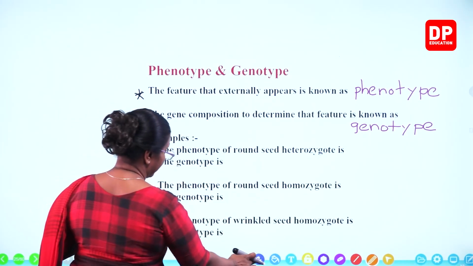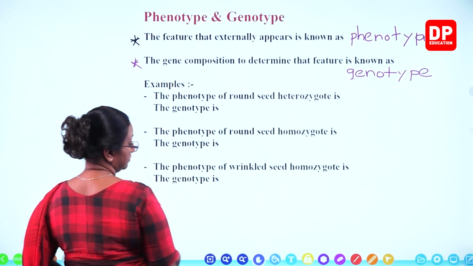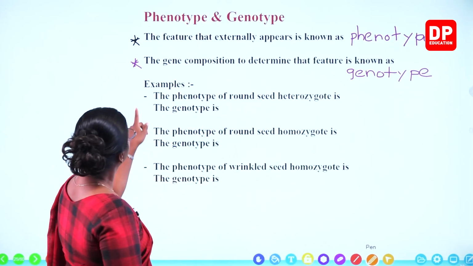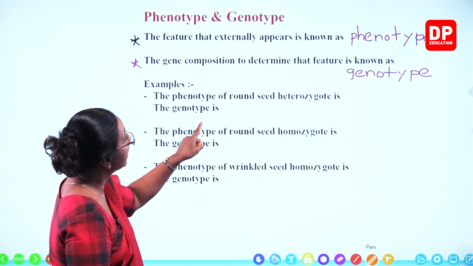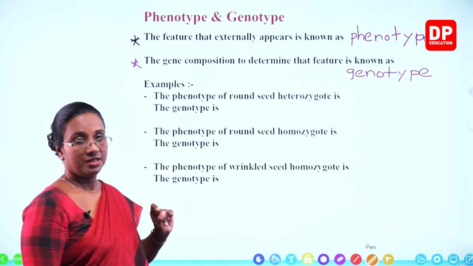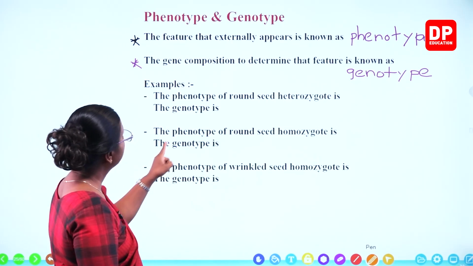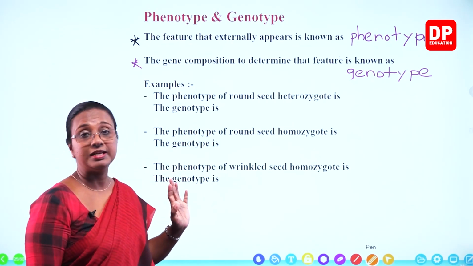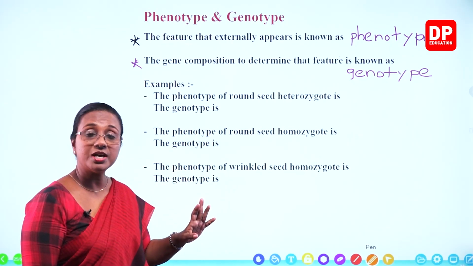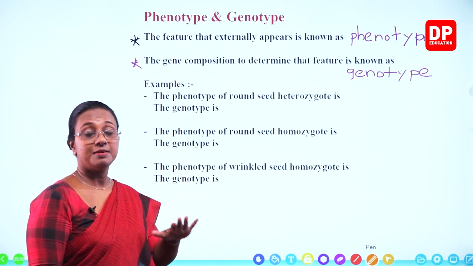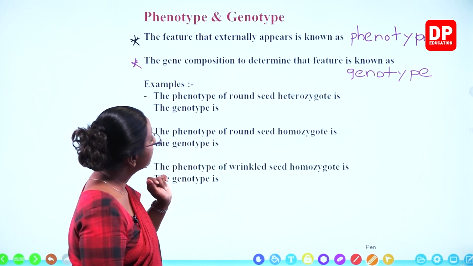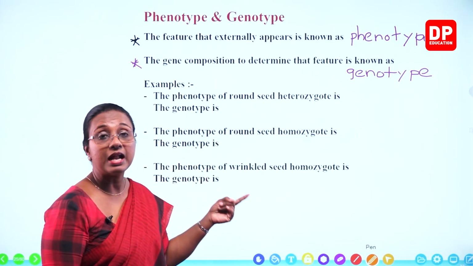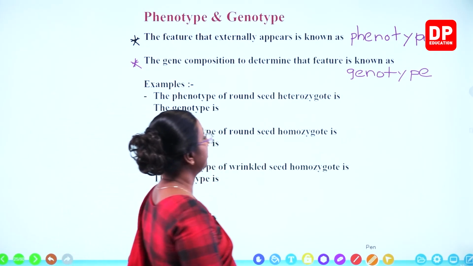Now as examples. Example: the phenotype of round seed heterozygotes. What is the phenotype? Round seed is the dominant character. What is a heterozygote? Capital R, simple R. But the dominant character will be expressed, so it will be the round seed. That will be the phenotype.